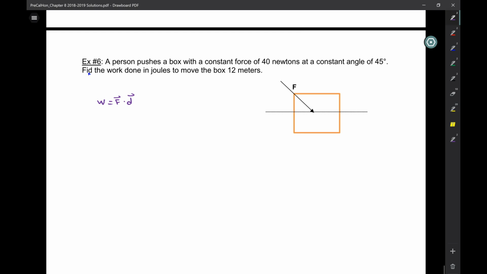Direction has no meaning for work. So if work is F dot D, what's another way to write A dot B? It's F D cosine theta.